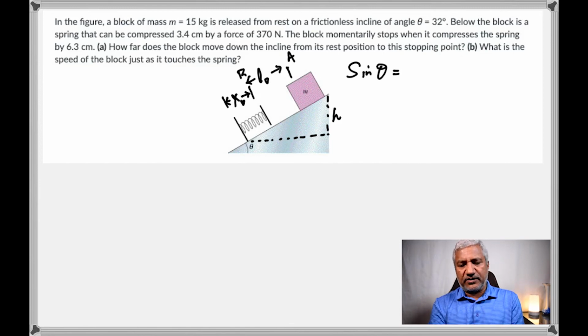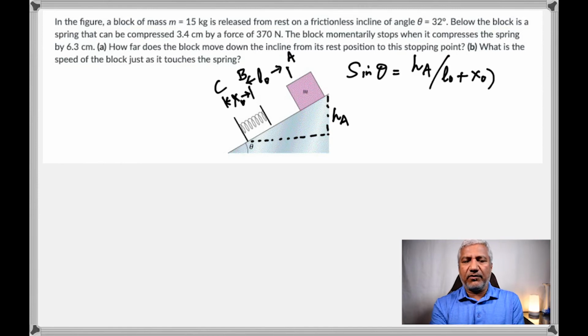Let's take that height as h and call these points A, B, and C. And from that triangle, because this is theta, sine theta is going to be the opposite side, which is h_A, the height at A, divided by the sum of L0 and X0. So that is sine theta.